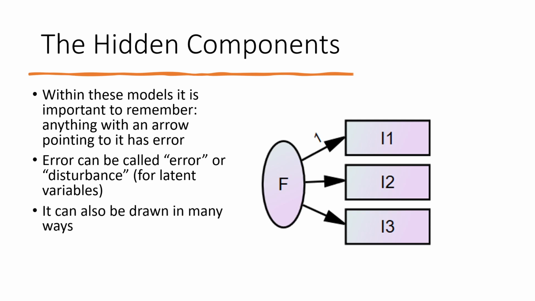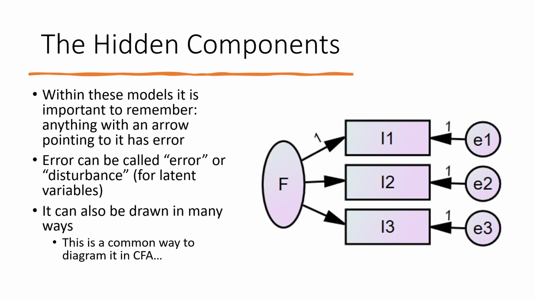And we can express it in many ways. Sometimes it's expressed as a circle pointing to the particular thing. Sometimes it's expressed as that bidirectional arrow. It depends. A common way to diagram it in confirmatory factor analysis is to have, at least for the item errors, an actual error term pointing to the item.